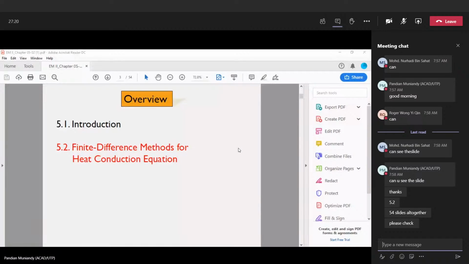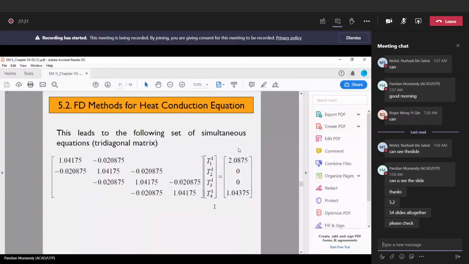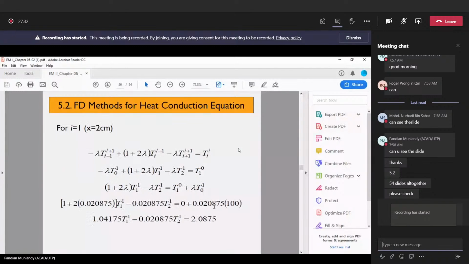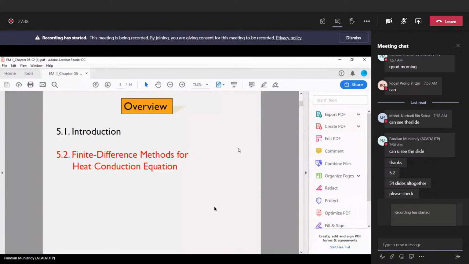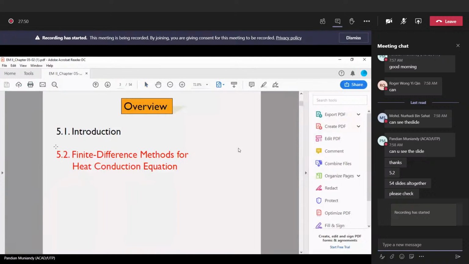Okay. So good morning, class. Please see the slide. All the slides are there already, but you may not have the notes yet, so I will go very slowly. The lecture today is still 5.2, finite difference methods for heat conduction equation. I'm going to use this snapshot to show you what is happening on the screen.